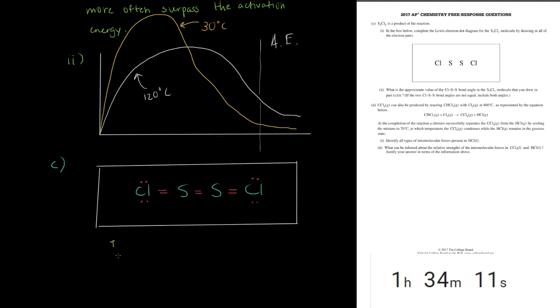Why don't we do it this way? 7 plus 7, and then each of the sulfurs is going to be a 4 because it's the same as oxygen. So this is going to be 14 plus 8 is 20. And with this 20, we count up and we say 1, 2, 3, 4, 5, 6, 7, 8, 9, 10, 11, 12, 13, 14, 15, 16, 17, 18, 19, 20. This looks correct to me.